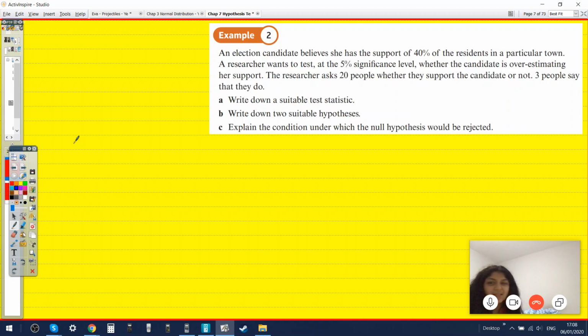The test statistic is 3. 3 what? 3 people. No, that might be like, no. So the last time, X is whatever the X would be.